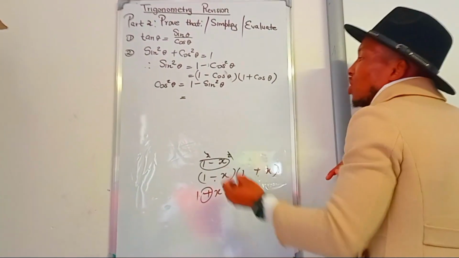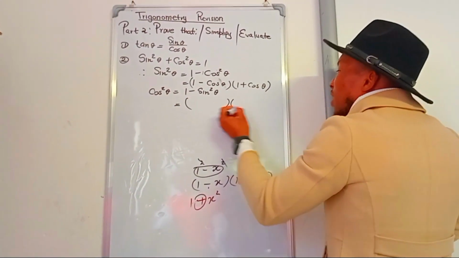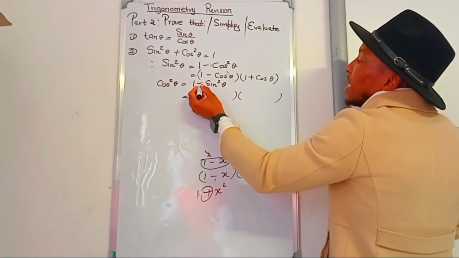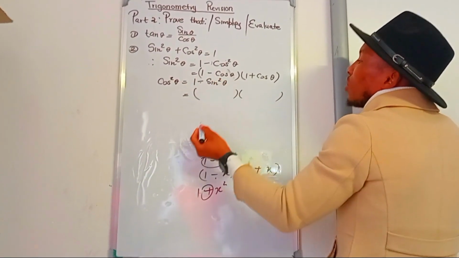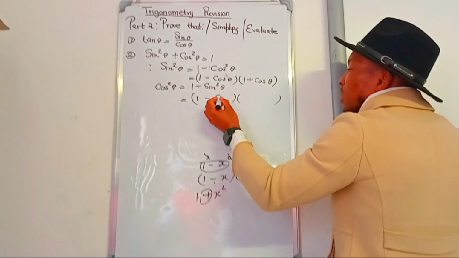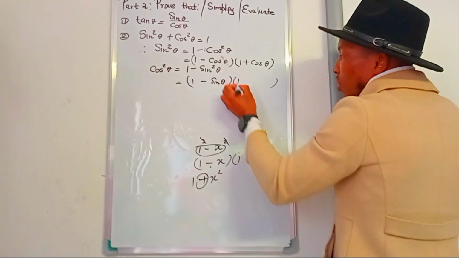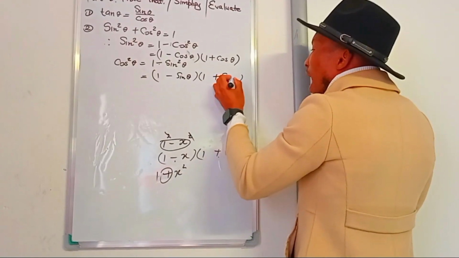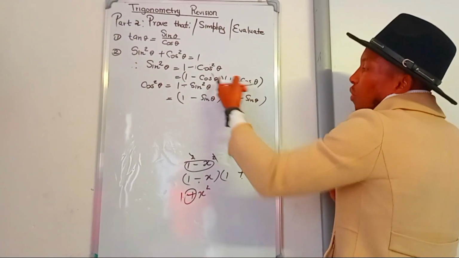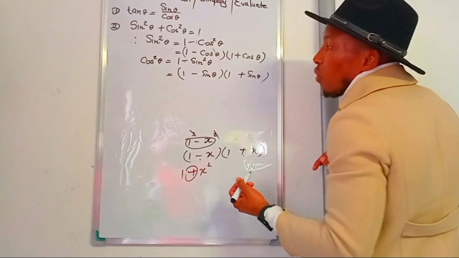Therefore, here what you're going to do is open 2 brackets, as you see. Since we have a minus sign between the terms, and 1 squared is the same as 1, we get 1 minus sin theta and also 1 plus sin theta. We call this the perfect square of 1 minus sin squared theta.